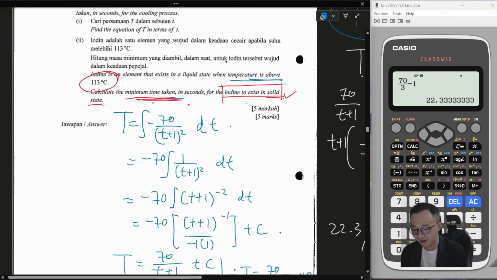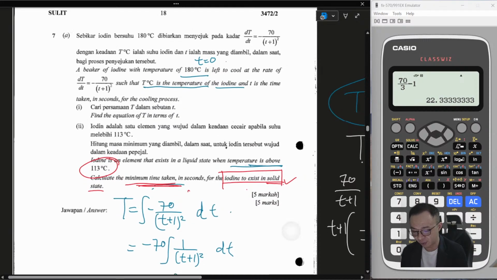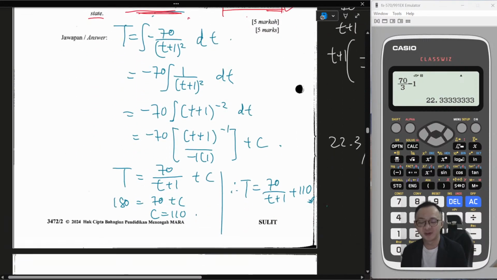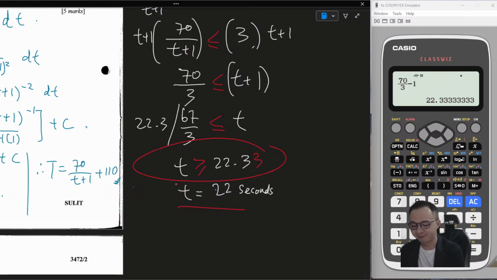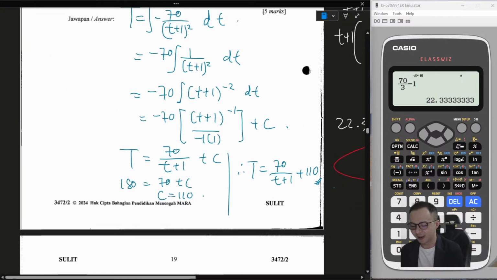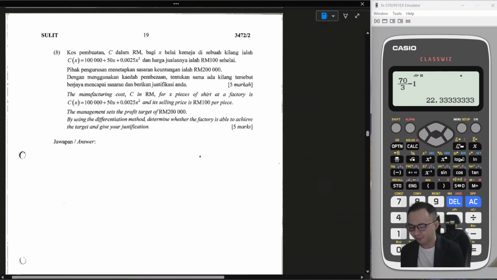Because time, we can definitely do in decimal, no problem for time. If they want integer, then it's 22. If they can accept decimal, then it's 22.3. Okay, then this one makes sense, this one is the minimum. Alright, I should read the question carefully. B.